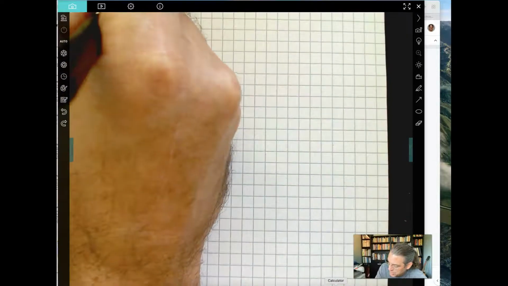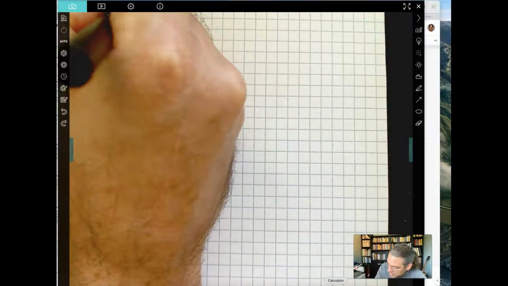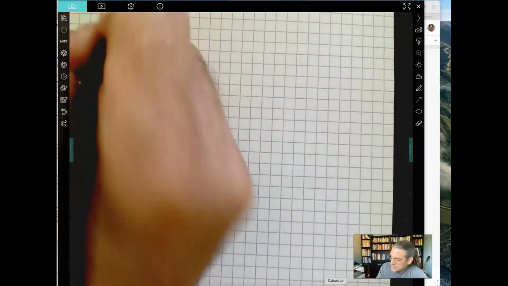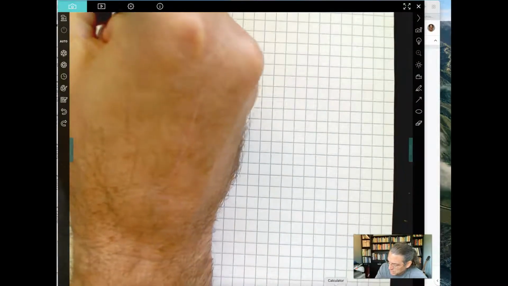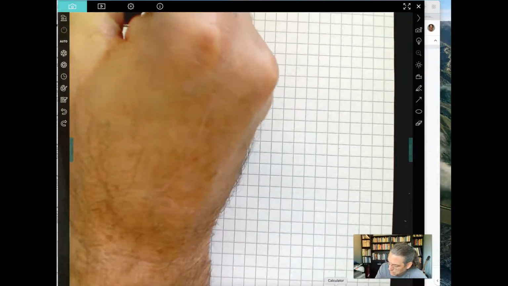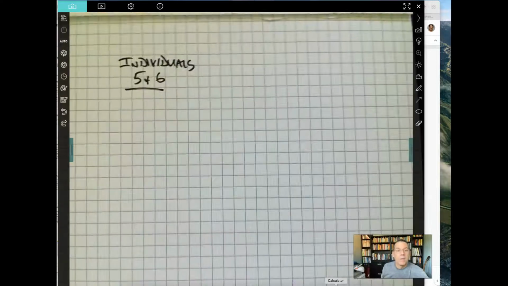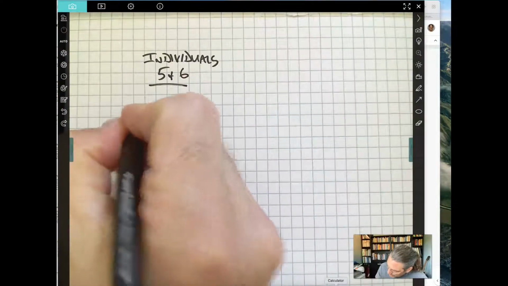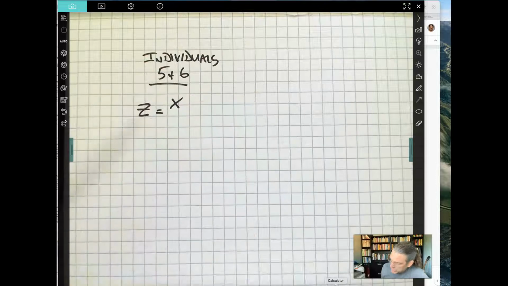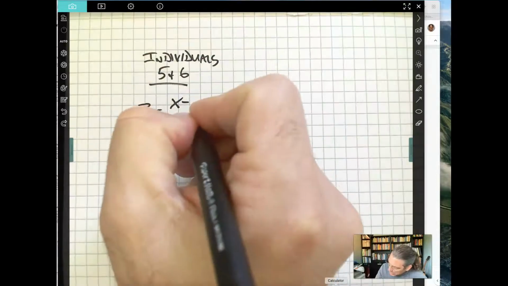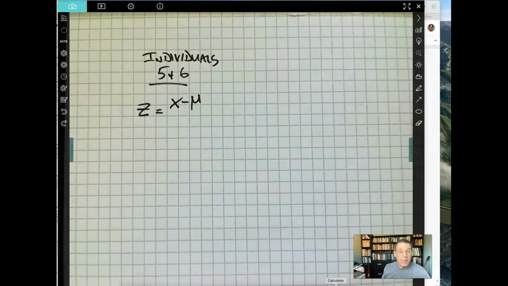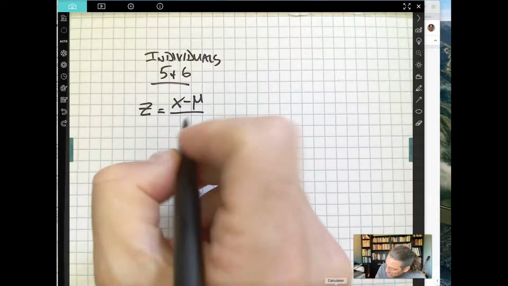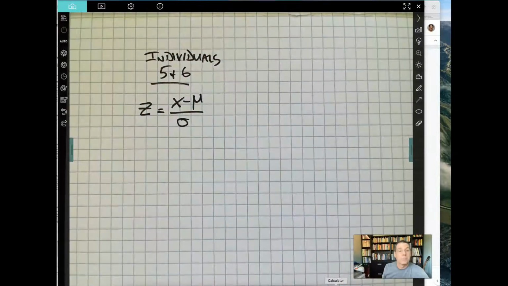So in chapters 5 and 6, we had z-scores for individuals. If you wanted to calculate the z-score, you take that individual score, an x, subtract it from the mean, could be a population mean or a sample mean, and divide by the standard deviation.